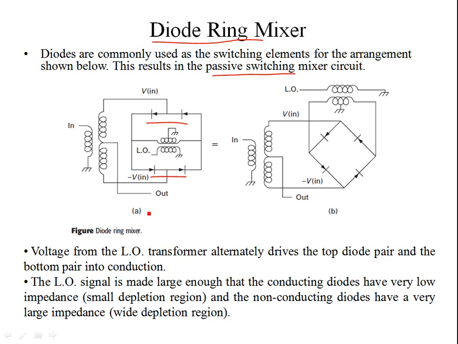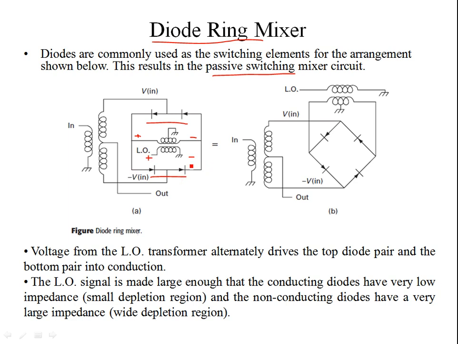Now, how the mixing is done: you have a center tap transformer which provides you with the local oscillator signal. When this is positive and this is negative, and this is alternating, you see this again is positive, this is positive, and this is negative.